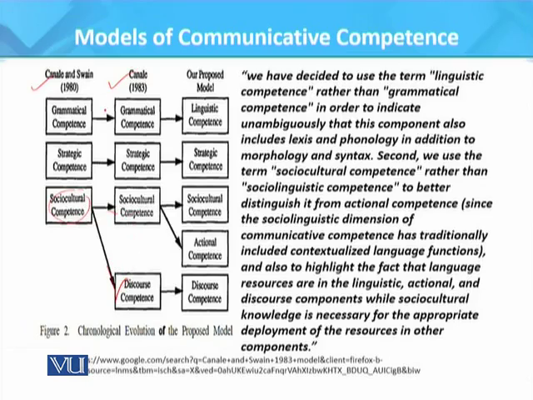Now, based on these two models, Celce-Murcia et al. proposed their model, and in their own words, let's try to understand what changes they have introduced. They say we have decided to use the term linguistic competence instead of grammatical competence in order to indicate unambiguously that this component also includes lexis and phonology in addition to morphology and syntax.